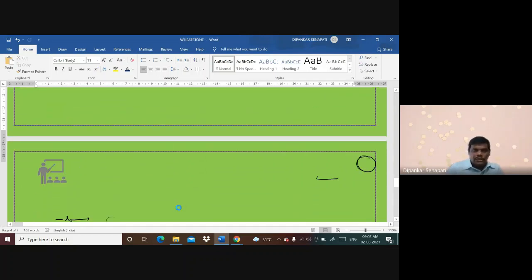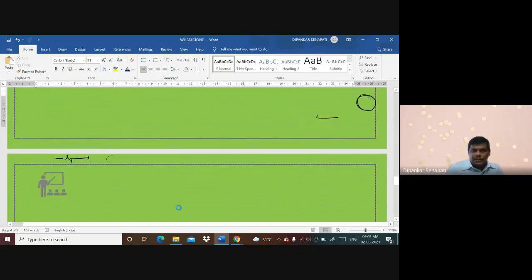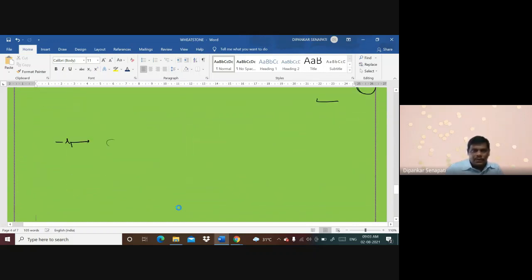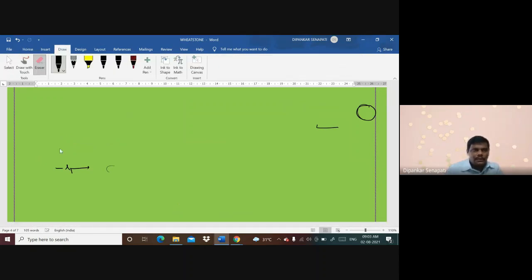So, dear students, now you see, Wheatstone bridge we can use for solving problems, say, suppose you want to find the equivalent resistance in a circuit where the form of the circuit is a Wheatstone bridge.